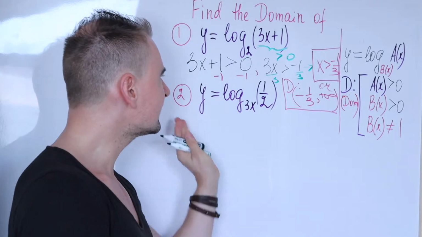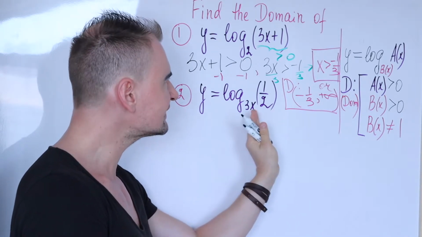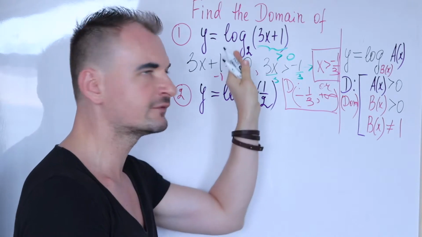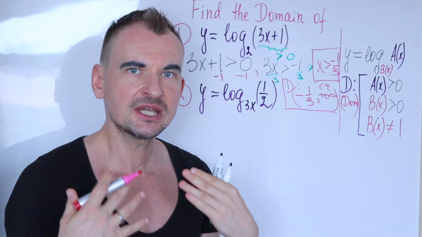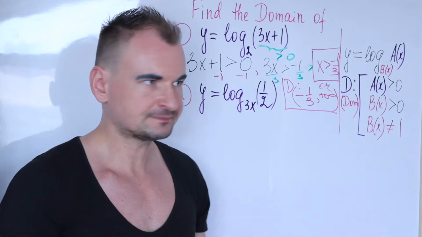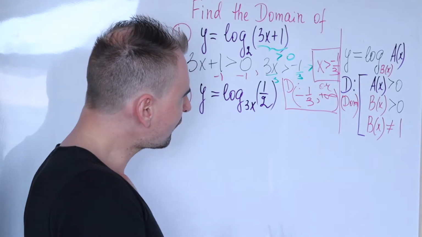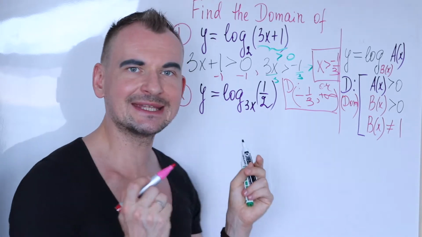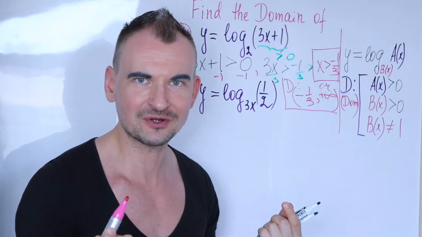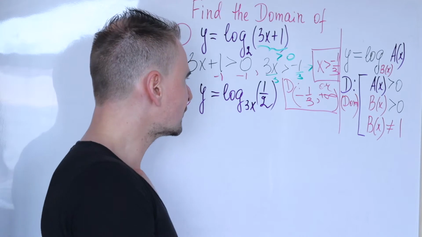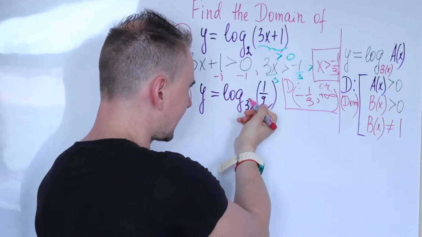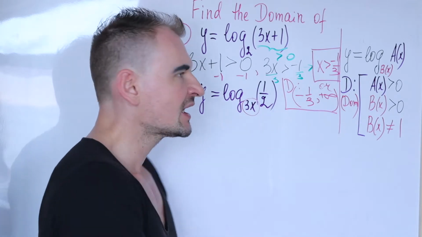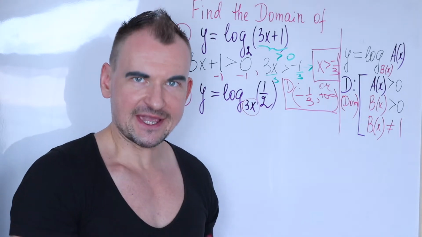Say you have been given something like this. This is a little bit different from what we did before, and obviously I'm giving you another case on purpose. So your variable x is located in the base of your log. So the expression 3x happens to be the base.